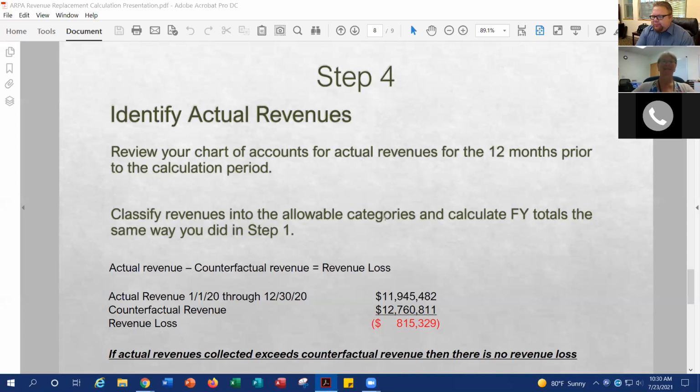So again, we'll do our best from the WAM side to continue to provide these educational opportunities, but we wanted to start with first things first with this lost revenue, so that everybody could go through this calculation to know what they could write off to the lost revenue piece, and then we're going to start to walk into the guidance and really start to talk about what specific types of projects, what specific types of expenses that you can put this money towards.